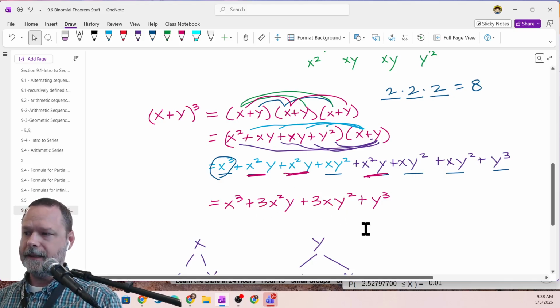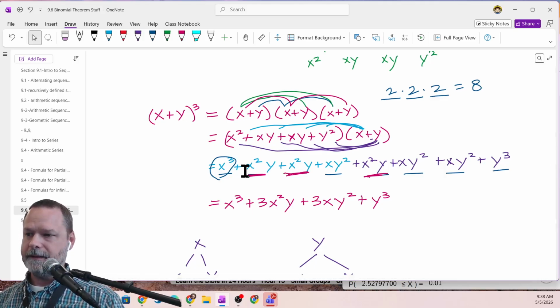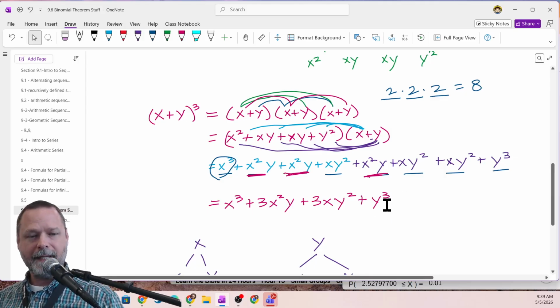There were 3. How many ways are there to get all 3 y's? There's only one way. And we notice that by distributing, we are finding all the possible outcomes for this kind of thinking, right? There are 3 factors, x, x, x. Here we have x, x, y, and x and 2 y's, and all y's, right? And we get every single outcome when we do this distribution.